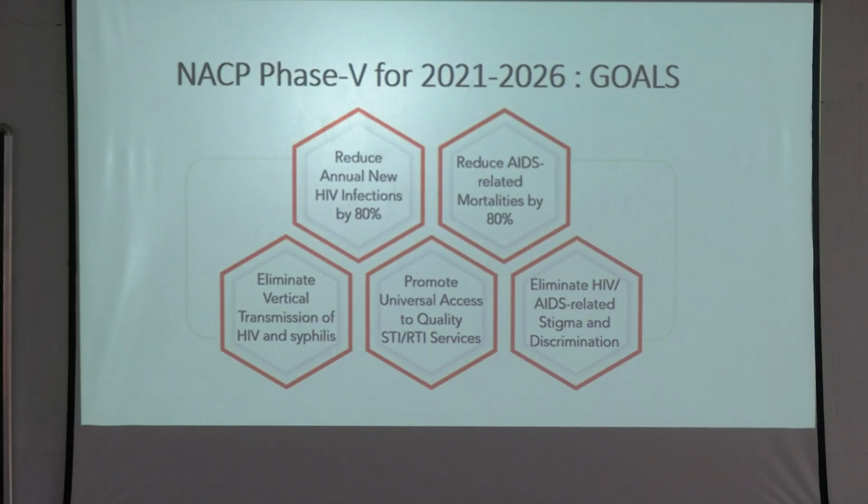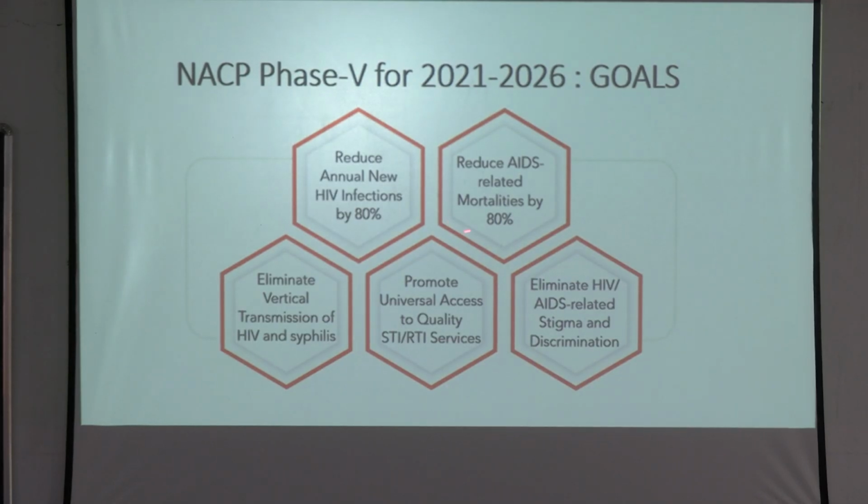So what are the goals in detail? It might be an important question for your viva: reduce annual new HIV infections by 80%. What is the baseline for the 80%? The prevalence in the year 2010. What was the number in 2010? We will reduce it by 80%.